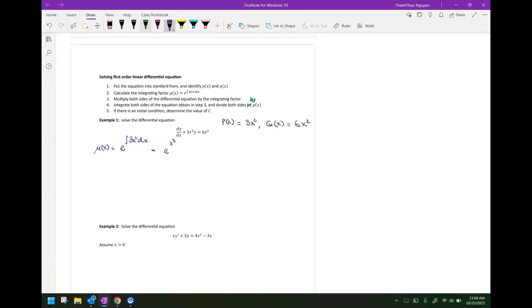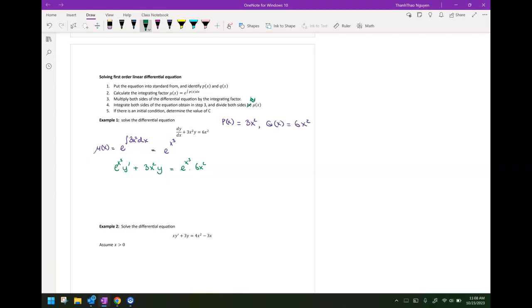We multiply both sides of our equation by the integrating factor. So e^(x^3) times (y' + 3x^2 y) equals e^(x^3) times 6x^2.